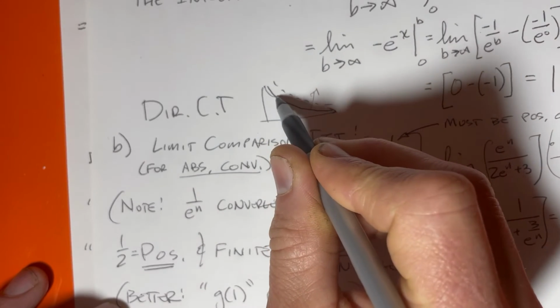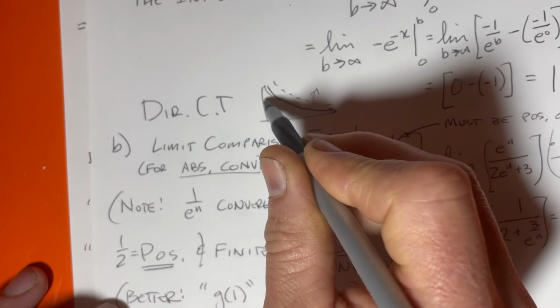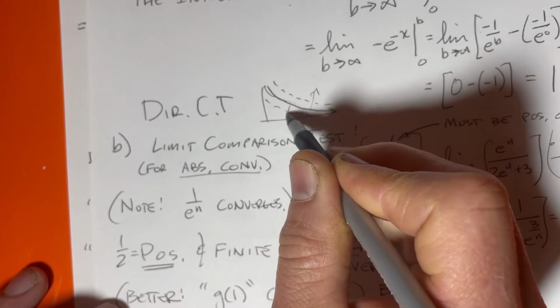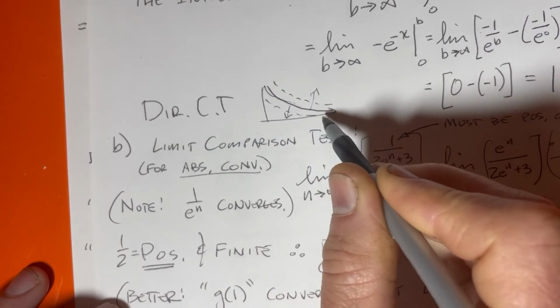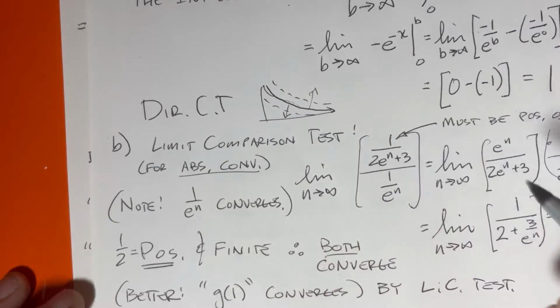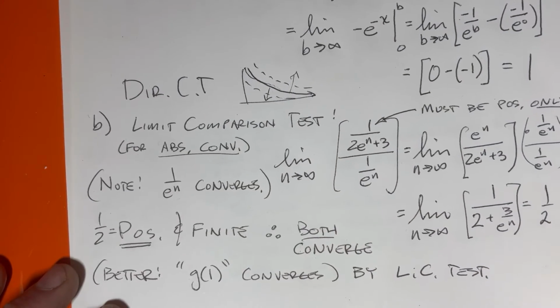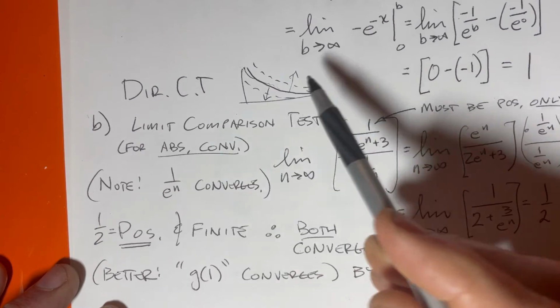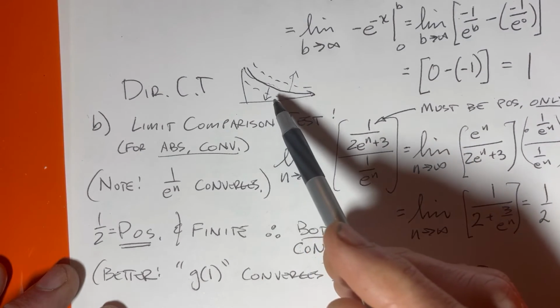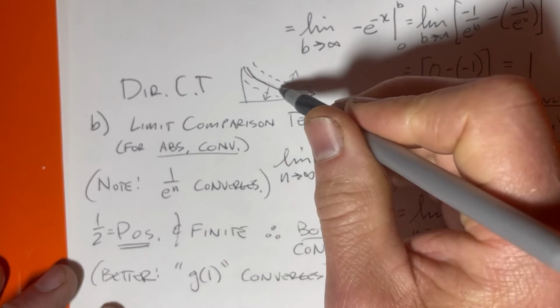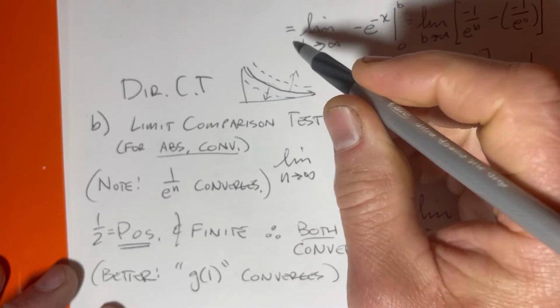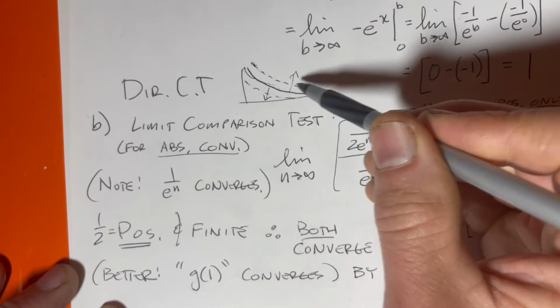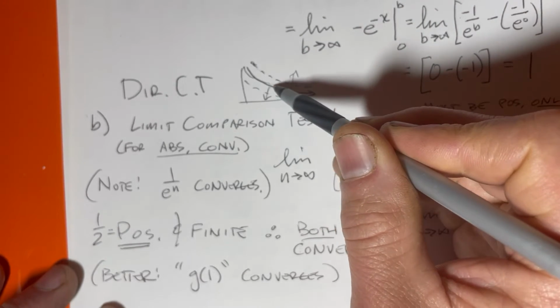If we know that this is converging and something else is below it, then the thing below it will converge as well. But if you go back to Khan, he does a good job of showing the difference between the two, that there are times when we have a function that's easily expressed that's above one that converges, and that doesn't help us.